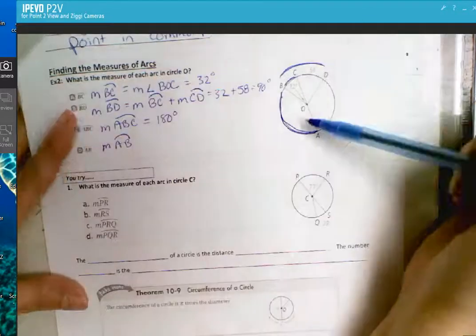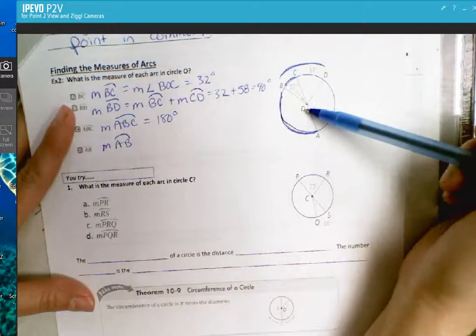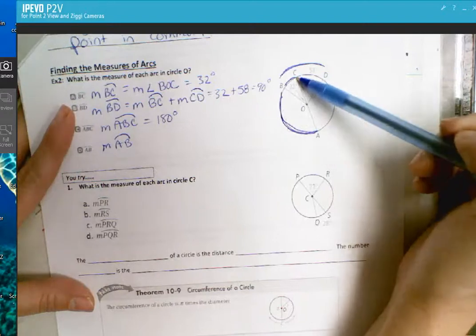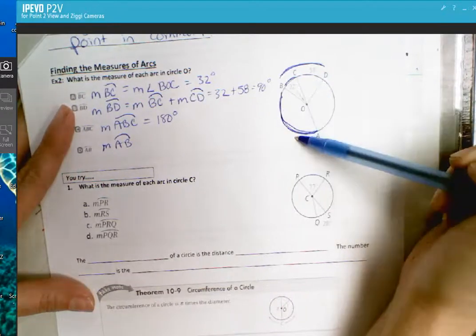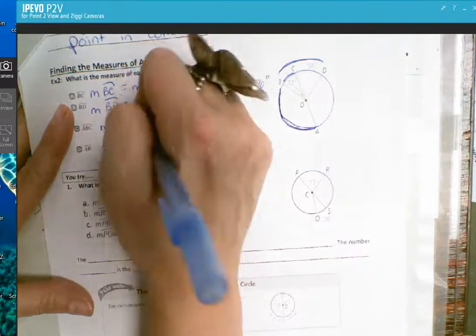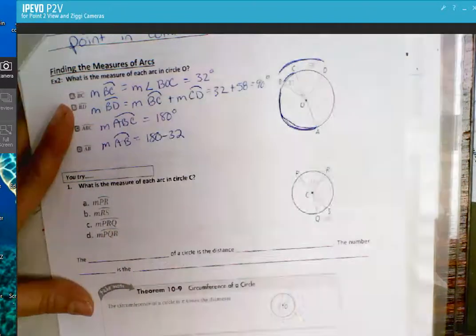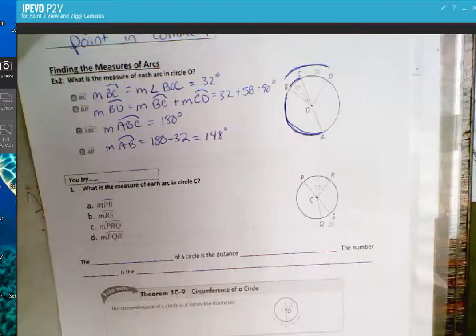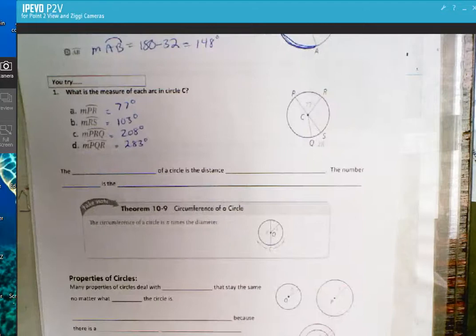I don't have a central angle, but I do know that ABC is the semicircle. If I subtract BC, I'll be left with what AB is. So it's equal to 180, the semicircle, minus the 32 that's part of BC, so it's 148 degrees. You should try the next few. Okay, so there are the answers for those.